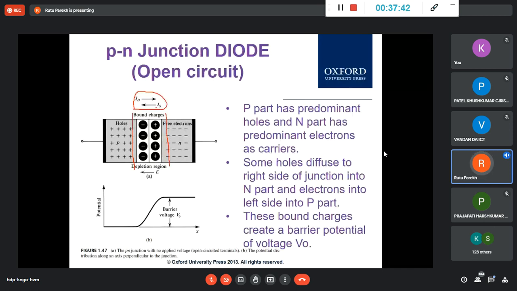Or let's take it the other way, that ID is less than IS. On the other hand, if IS is increased, then the amount of uncovered charge will decrease. This is more, and this potential will decrease, on the same physics I explained. So here negative charge is the minority, and here positive charge is the minority.